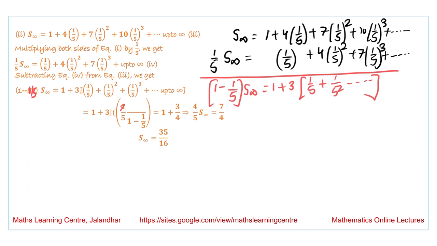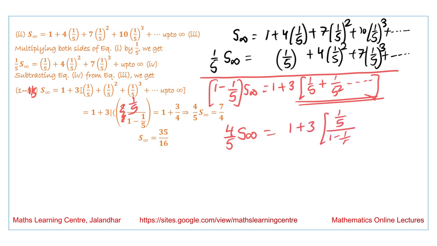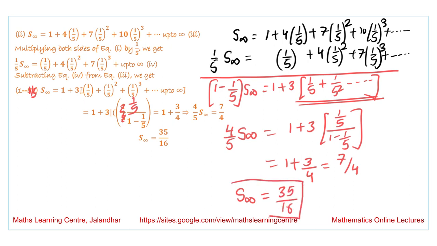The sum of these terms, with 1 minus 1 by 5 meaning 4 by 5, gives 4 by 5 into S infinity is equal to 1 plus 3 into 1 by 5 over 1 minus 1 by 5. This is equal to 1 plus 3 by 4, that is equal to 7 by 4. So we get the value of S infinity is equal to 35 by 16. So this is the sum of infinite terms.